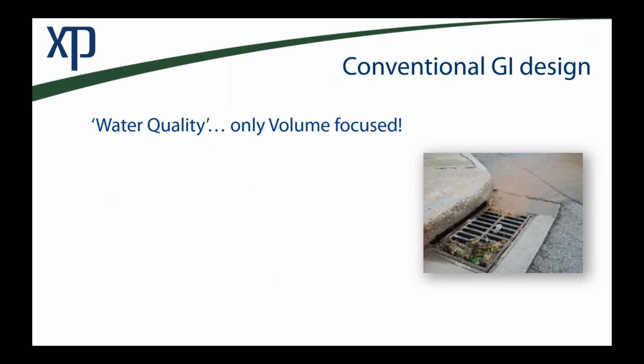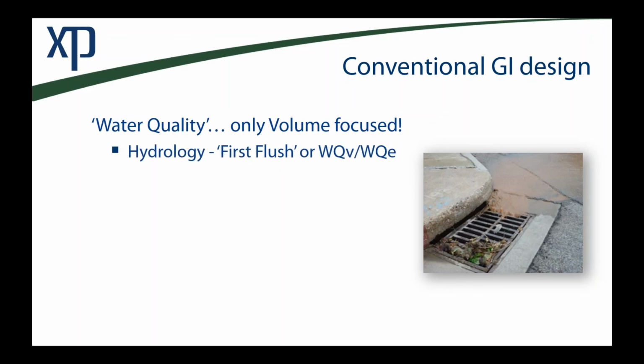But we actually often approach this from a pretty simplistic point of view. We don't often try to assess or analyze the true pollutant concentrations, pretty complex stuff, in the runoff from our site. But we make a couple of assumptions so that we can purely have a volume-focused plan.